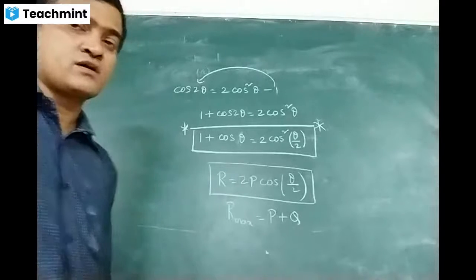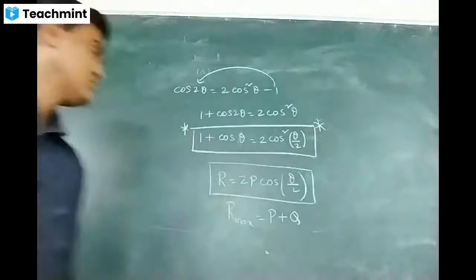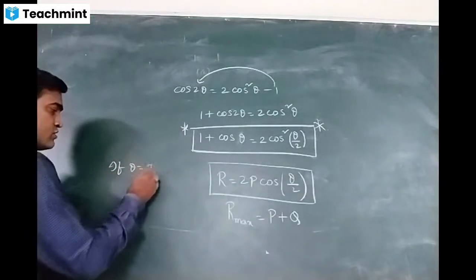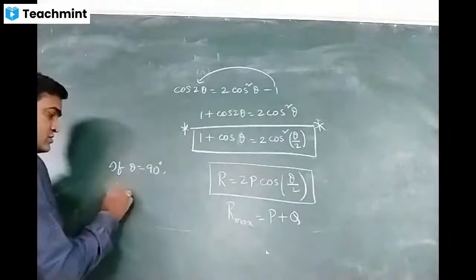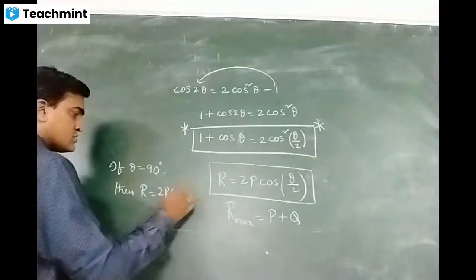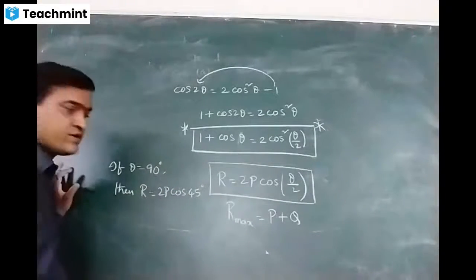2p by root 2, that is 2 by root 2. If theta is equal to 90 then R is equal to 2p cos 45 degrees, because 90 by 2 is 45 degrees.